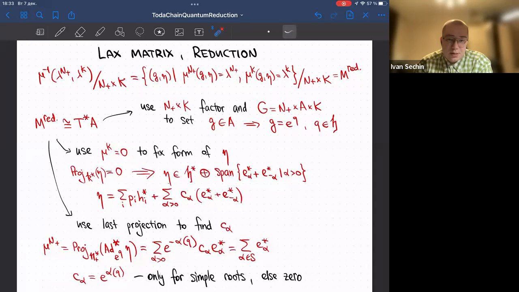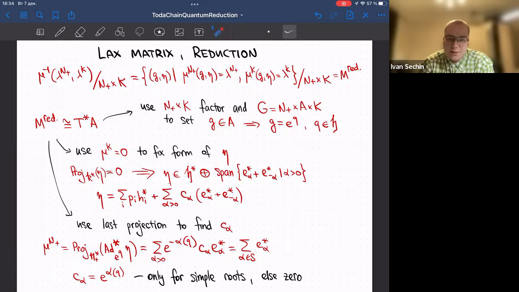And after that, we will use these two conditions. The projection of our eta on K star is 0.